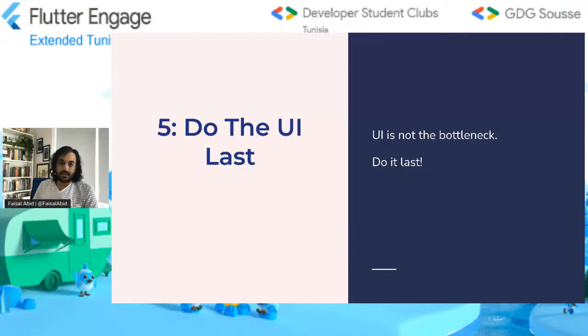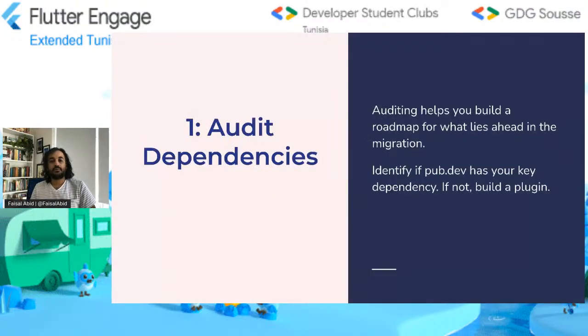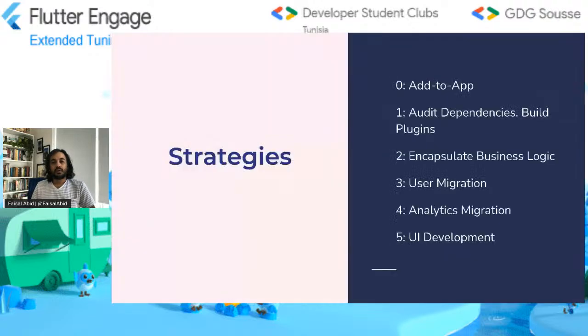And during this time, this is what I recommend you do. If you go back to the first step, on step zero or step one, reach out to your designers and tell them, hey, we're going to be taking 6 weeks to figure out how to migrate this app.